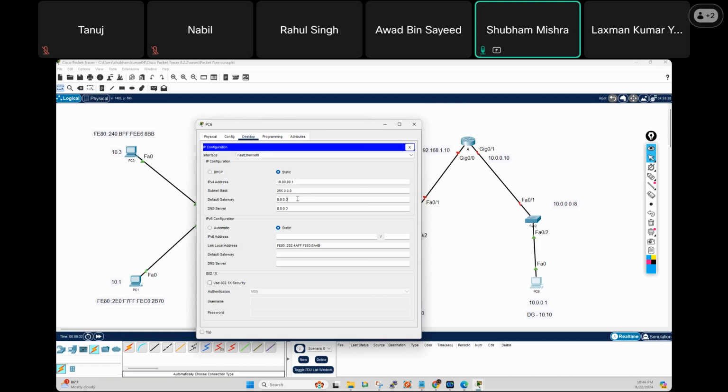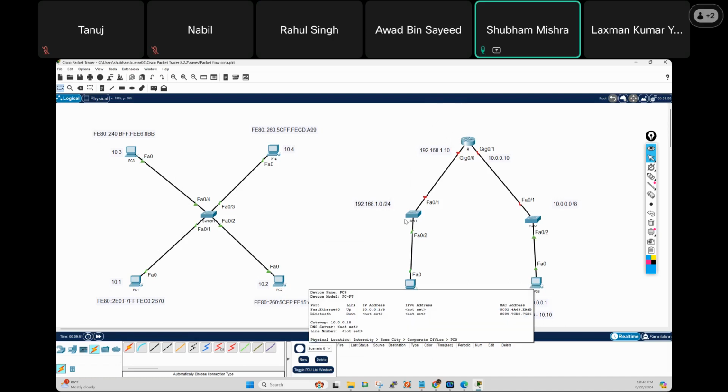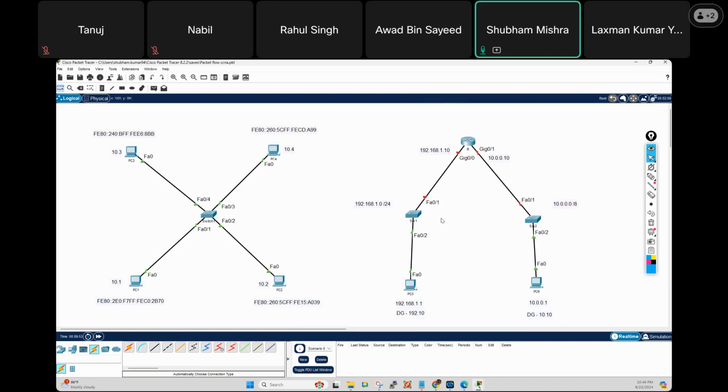Okay. Now, what is the default gateway? 10.0.0.10. This is the default gateway. I hope it's clear to all of you. Everyone. Clear? Yes. Okay. On PC number 5 and on PC number 6, we configure the IP address. We are not going to configure anything on the switch.